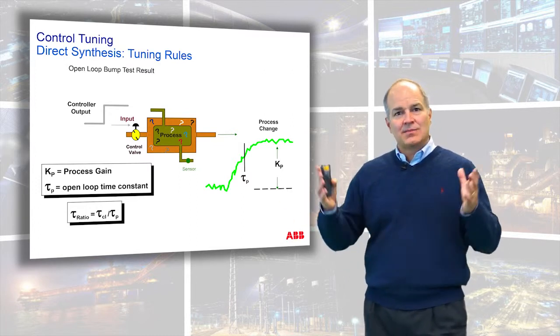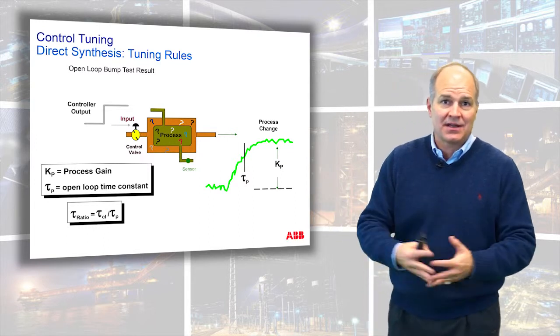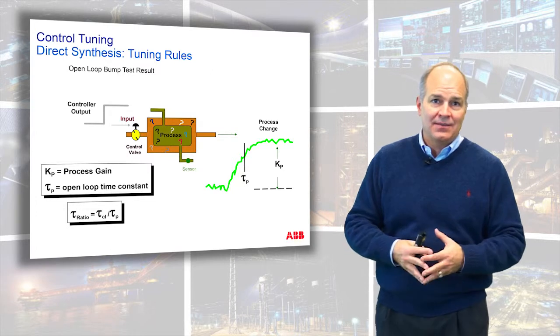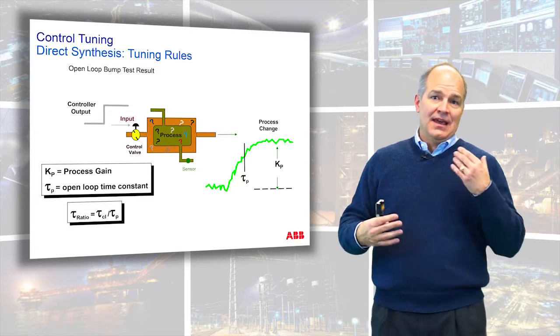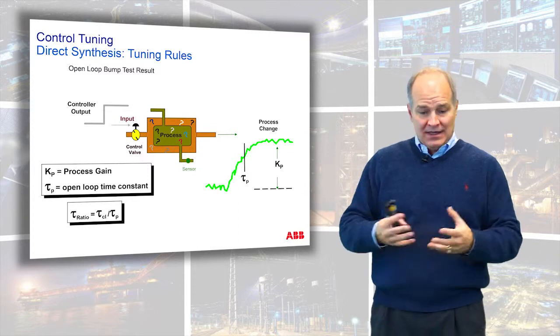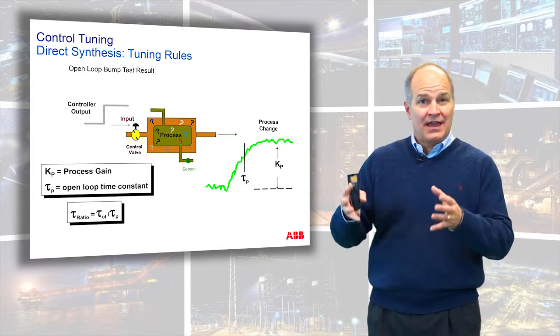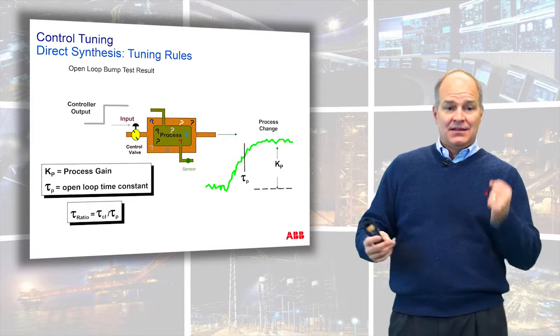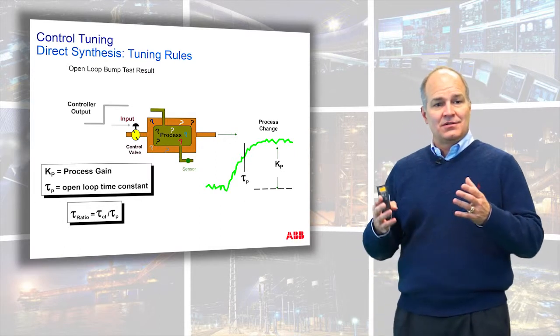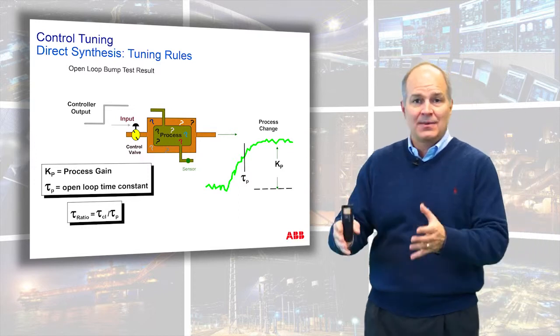Fast and slow has to be biased to the dynamics of the process. If I'm talking about a tank that has an hour time constant and I tune it to have a half-hour time constant, that's really fast for that control loop. In time, it's slow. But for that control loop, it would be considered fast. That's why I like the term tau ratio, it biases your choice to the dynamics that you're working with.